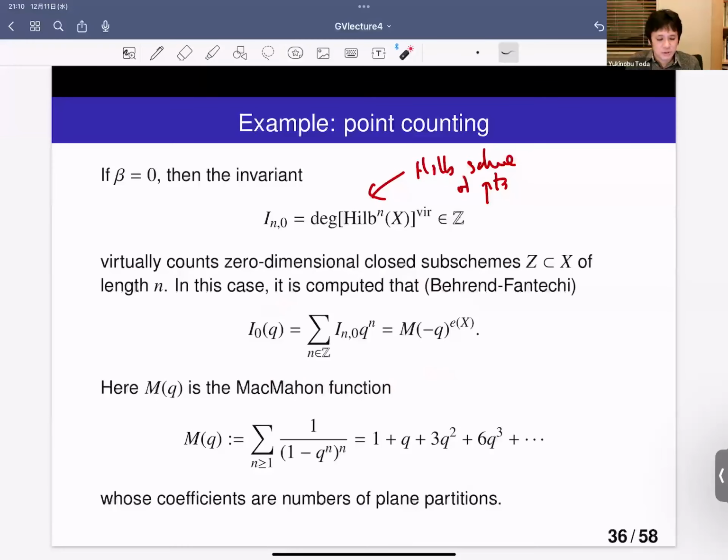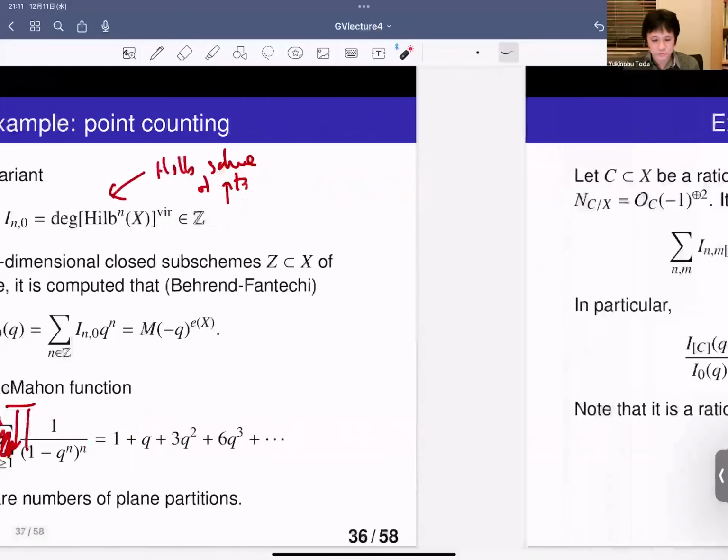Here M(q) is the MacMahon function. Explicitly, sorry, this is a mistake: this is not a sum, but a product. So this is given in this series. There is a combinatorial meaning of this: each coefficient is given by the number of plane partitions. Anyway, this is completely well known.